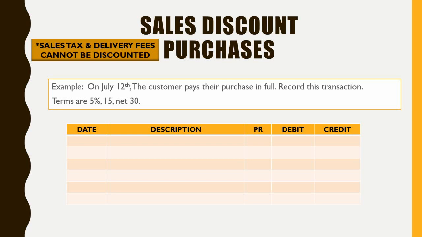And then below that, we are going to break everything down on our credit side. So we're going to have our accounts payable, our sales, sales tax payable, and then our delivery charge.